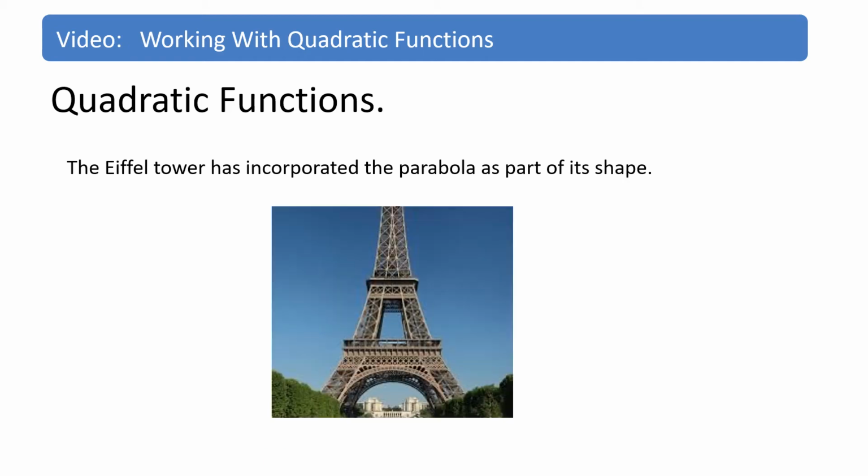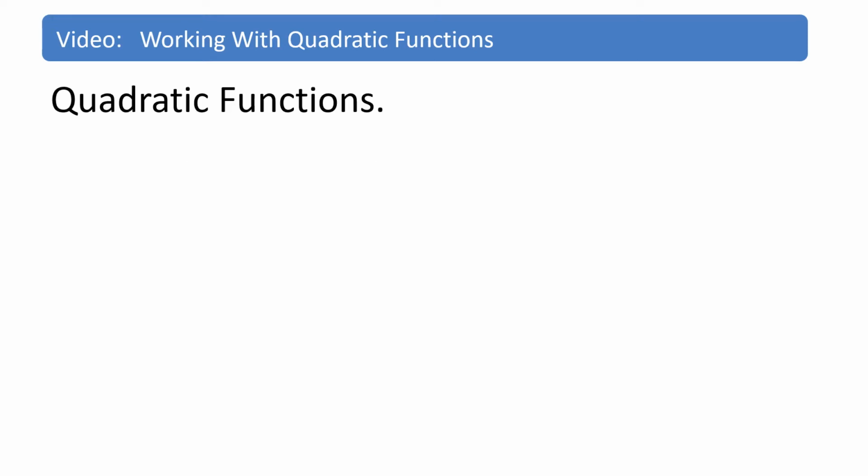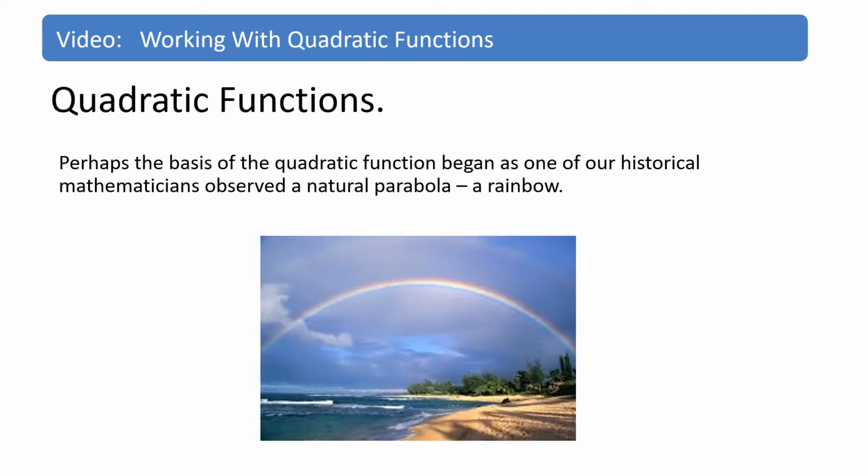The Eiffel Tower has incorporated the parabola as part of its shape at the bottom. Perhaps the origin of the quadratic function began as one of our historical mathematician forefathers observed a natural parabola, a rainbow.